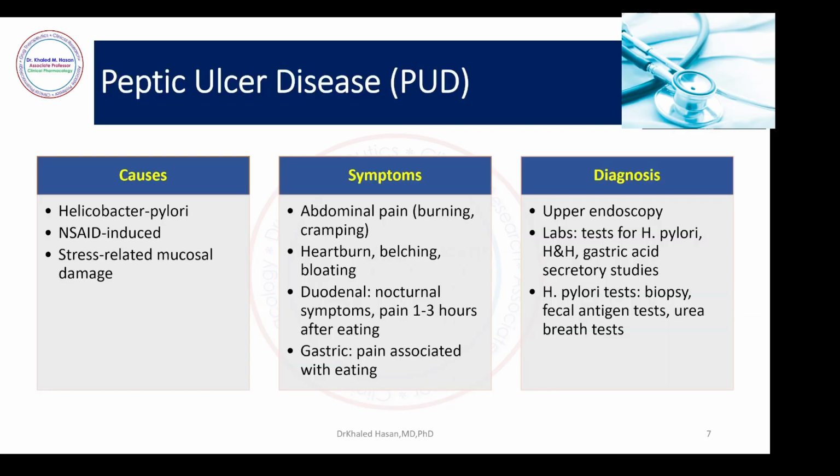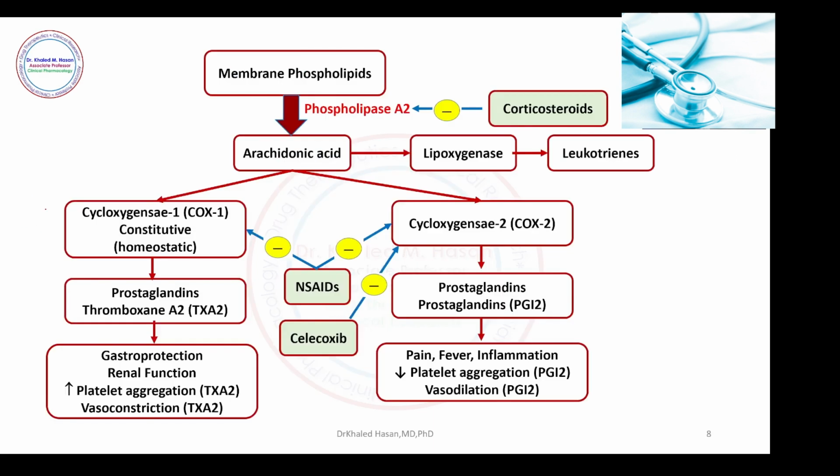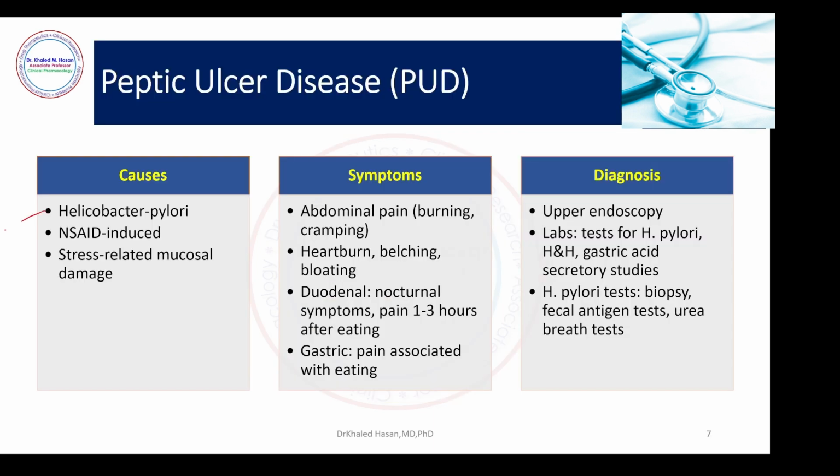This slide briefly discusses the causes, symptoms, and diagnosis of peptic ulcer disease. As we mentioned, we have three common causes: Helicobacter pylori, NSAIDs, or stress-related. A patient may come to the clinic suffering from abdominal pain, heartburn, or pain in the GI system 1 to 3 hours after eating.